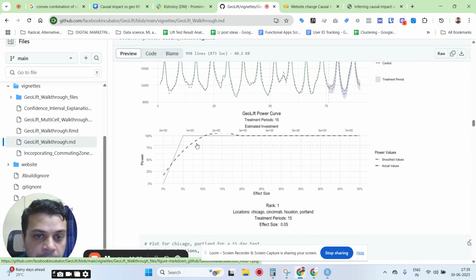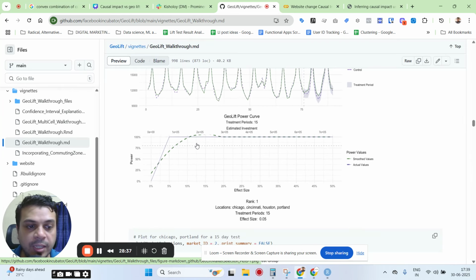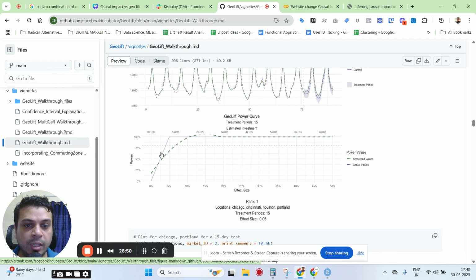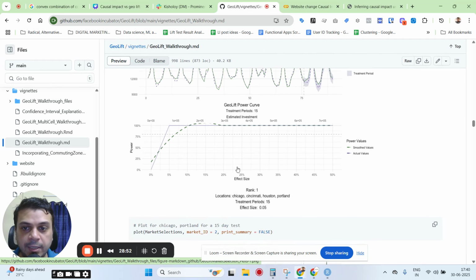That's your chosen statistical power. Usually that's a universal standard. And you'll see that the effect size is somewhere around 5 to 7% at a statistical power of roughly 80%. That's what you can expect after the analysis.